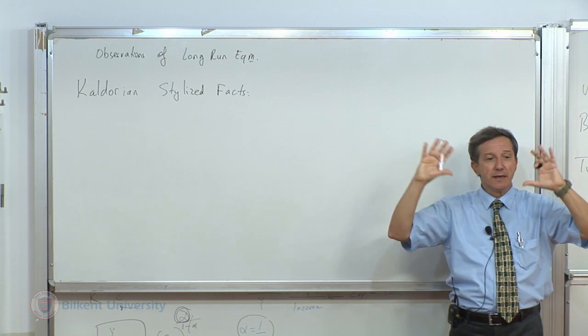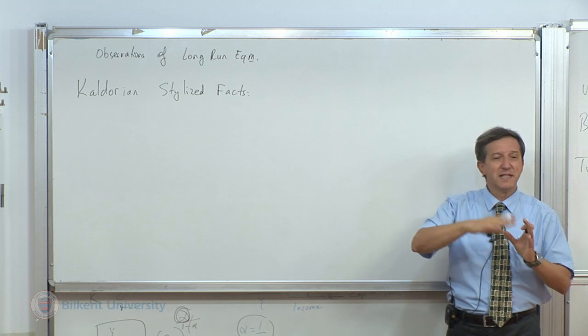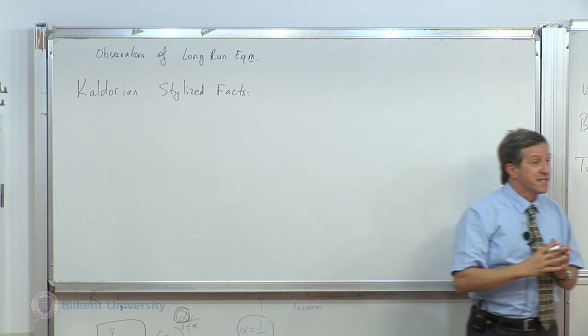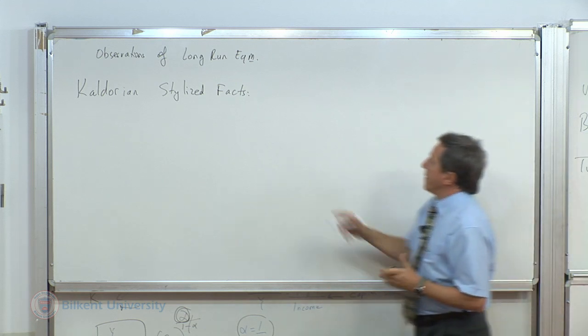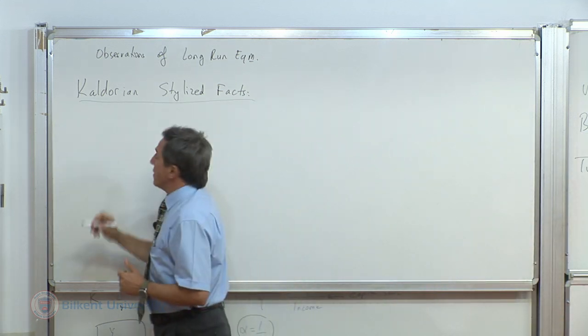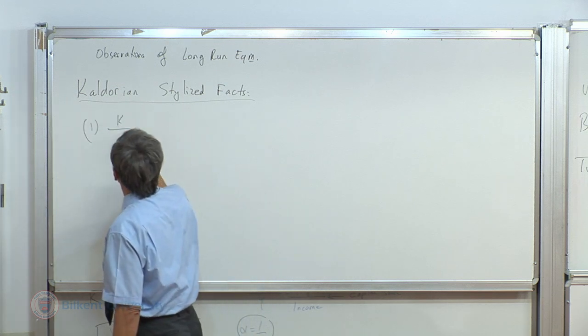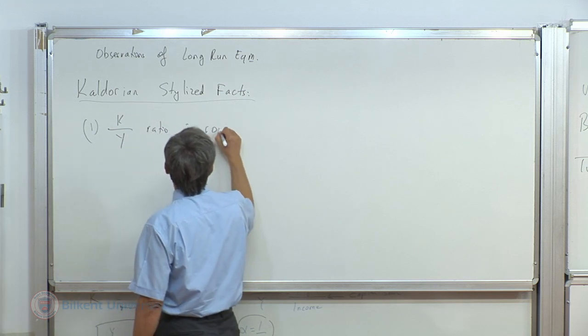They seem to be shared by the post-war, that is, since roughly 1950 onwards, state of the world. The first thing is that the capital output ratio is roughly constant.